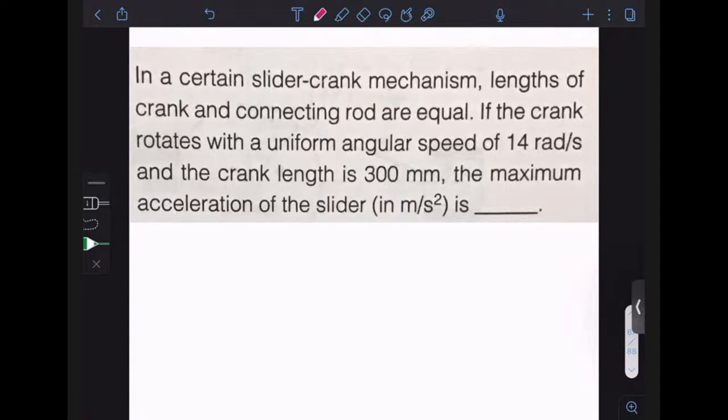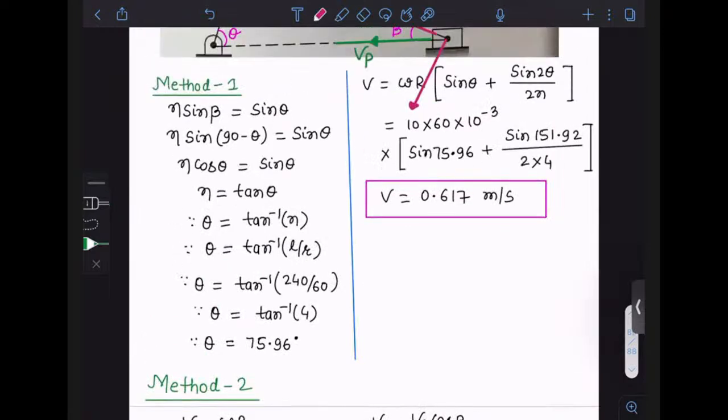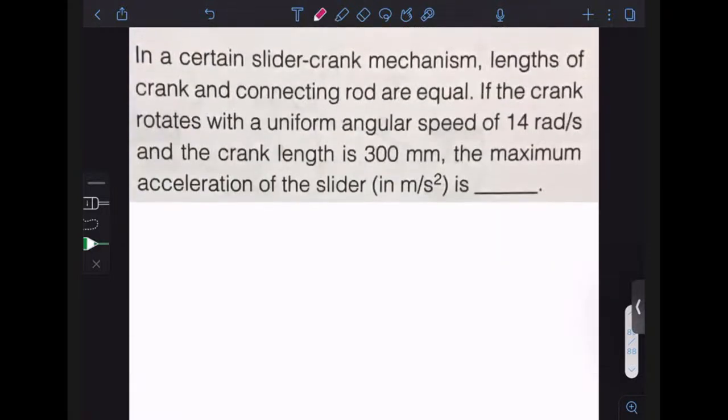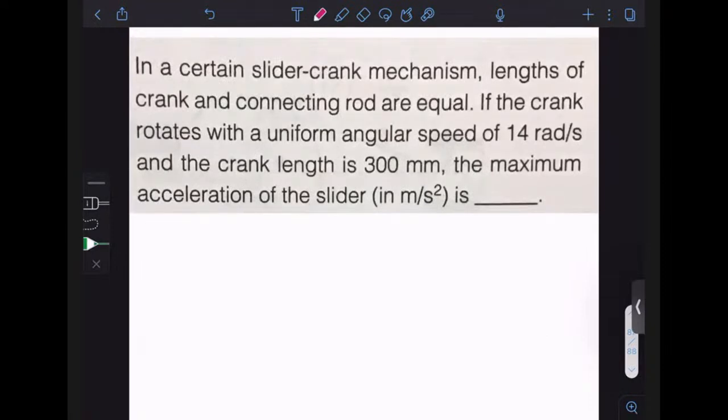So how can we get the maximum acceleration, anyone? Yes, absolutely. We can get it. Theta is 240 by 60. You find out this problem. Maximum acceleration, please find out.